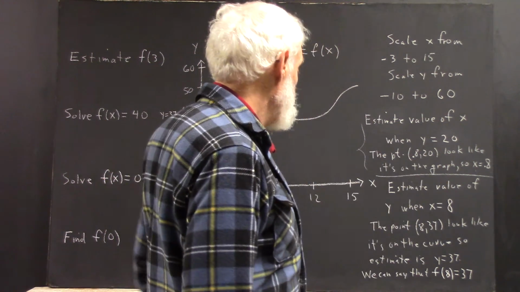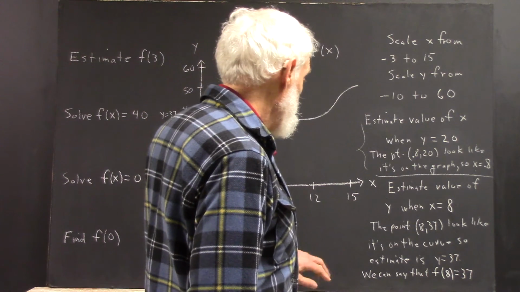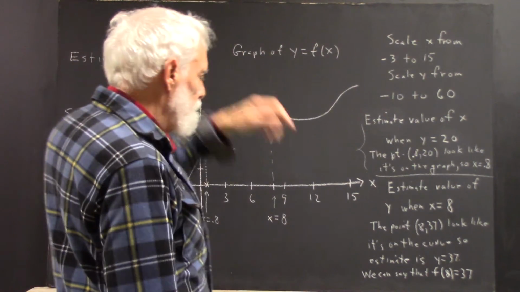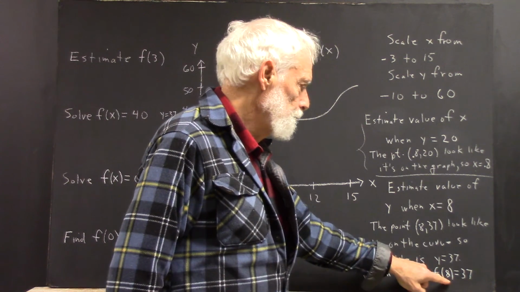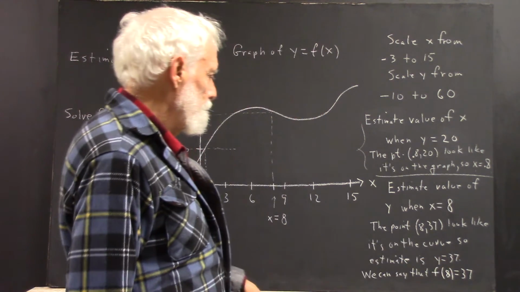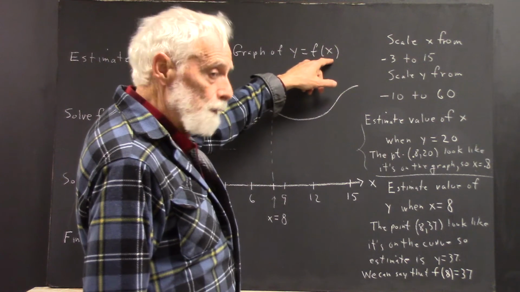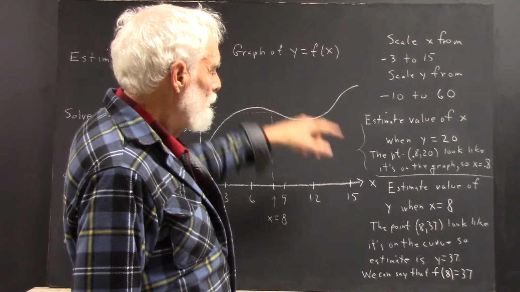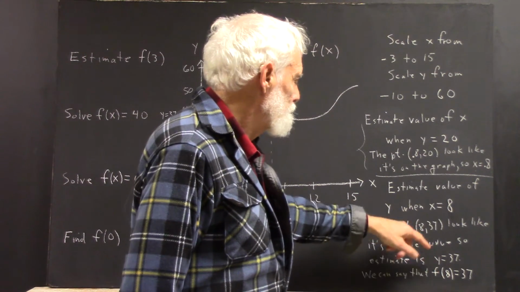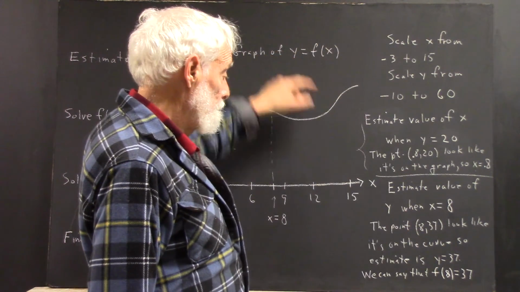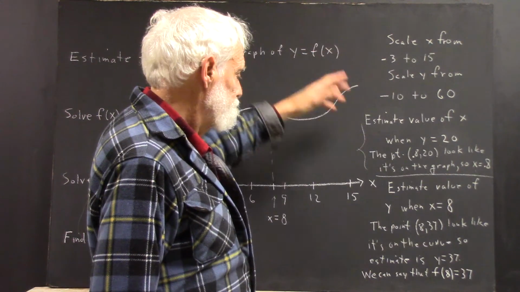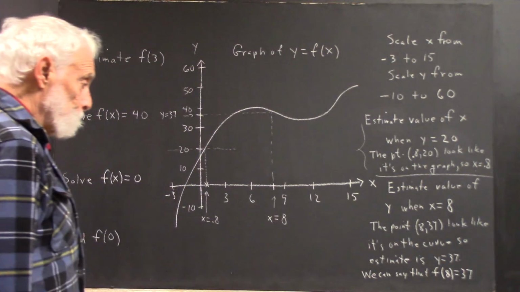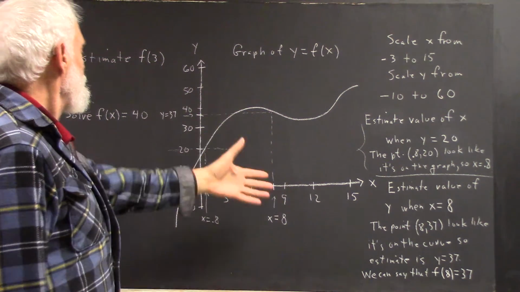I didn't write that up here, but we could have made that statement. This means that the function, when x equals 8, gives you 37. And since the function at a point value of x gives you y, that means that f of 8 has to equal whatever the value of y is when x equals 8, and that's 37. Okay, so there's that picture.